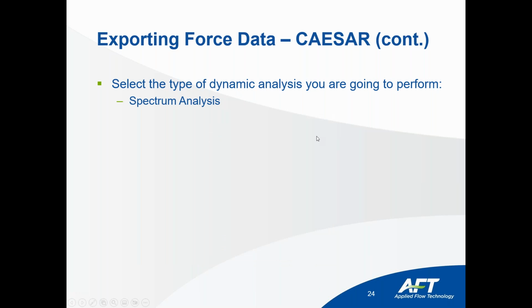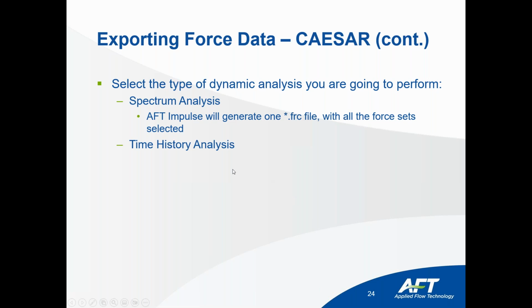If you do a spectrum analysis, which we will be doing in this webinar, AFT Impulse will generate one FRC file with all the forces selected in one file. If you do a time history analysis, AFT Impulse will generate multiple FRC files, one for each force set selected.